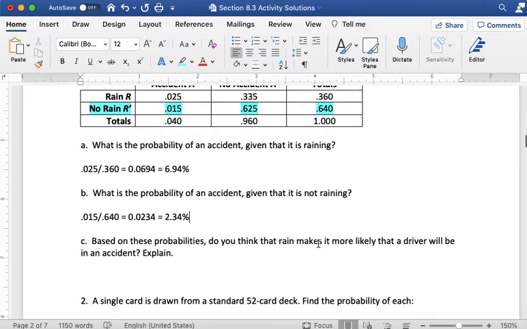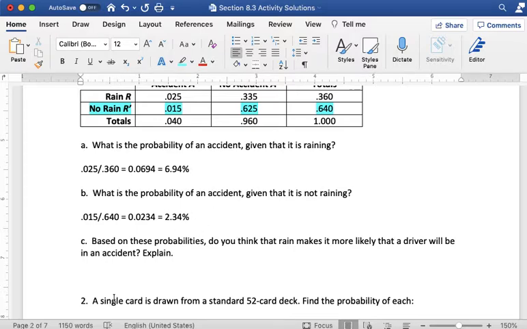So question C says, based on these probabilities, do you think that rain makes it more likely that a driver will be in an accident? Explain. So the probability of being in an accident given that it is raining is higher than the probability of being in an accident given that it is not raining.